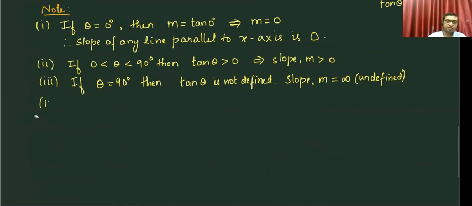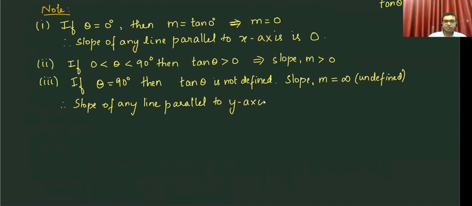So what is the observation here? Therefore, slope of any line parallel to y-axis is infinity or undefined.